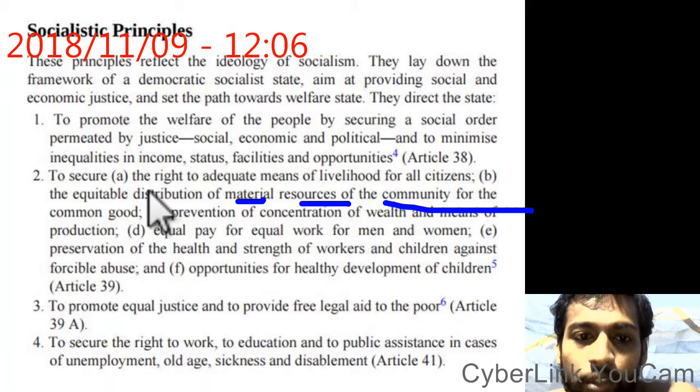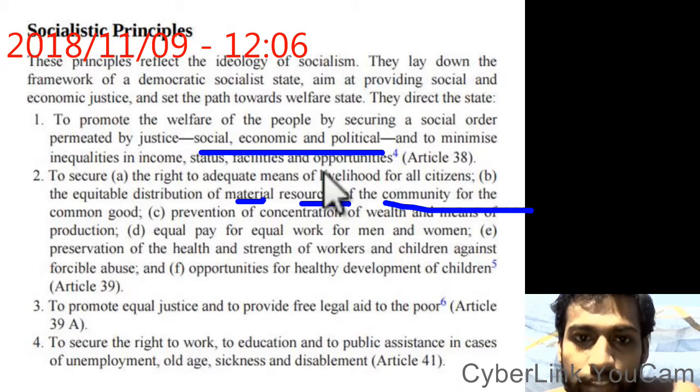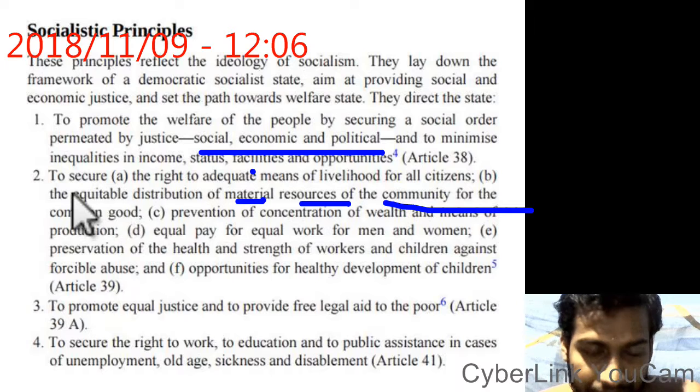So here, the important thing in Article 38 is welfare and justice: social, economic, and political justice, and status, opportunity.